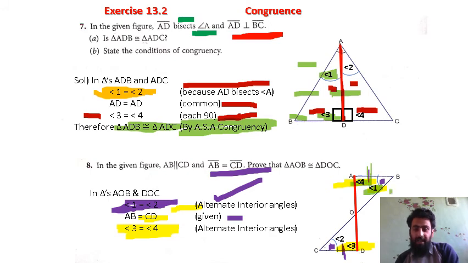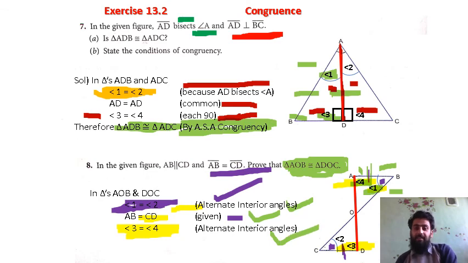So the condition is angle, side, angle. That means the two triangles, triangle AOB and triangle DOC, are congruent to each other. And by which condition are they congruent? Angle, side, angle. Yes, the same as above. They are congruent to each other by the angle, side, angle congruency condition.